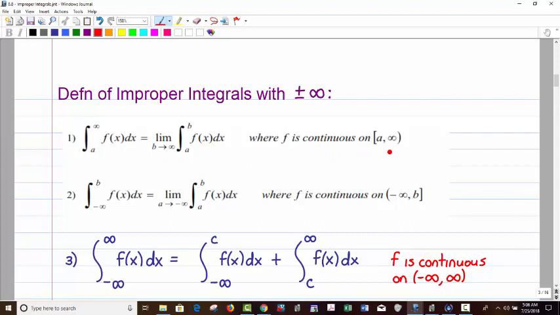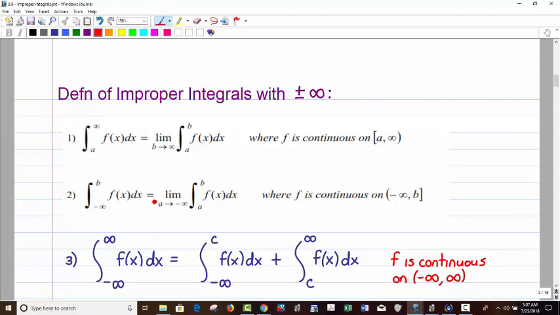Here it's telling me this is only true if f is continuous from a to infinity. Well, you don't have a discontinuity in the interval anywhere. Now here's the next one. Anytime you have negative infinity, you have to put negative infinity on the lower limit because nothing's smaller than that.